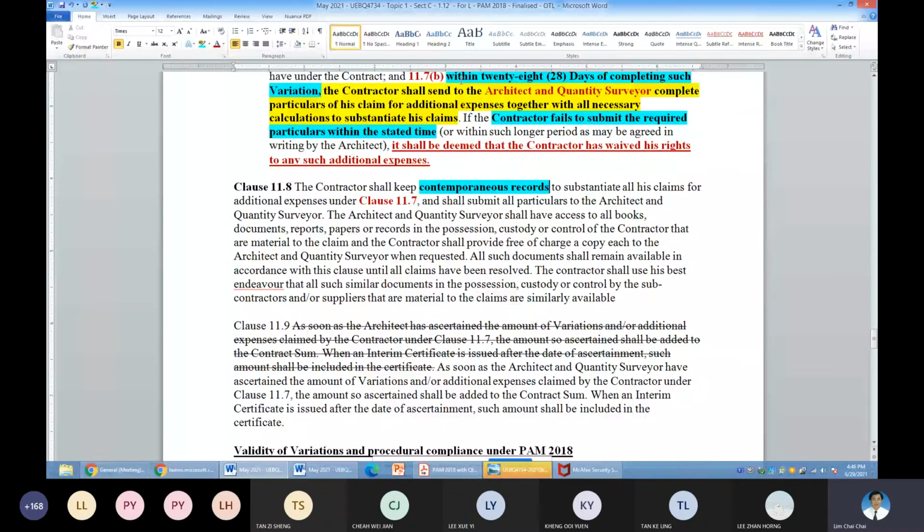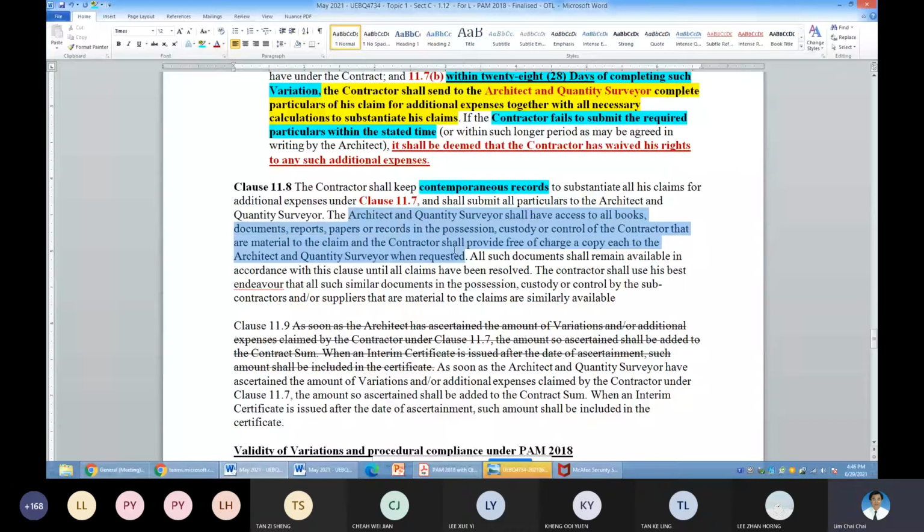Okay, so this is something that is on record keeping, so that you can give it to the architect and the QS for evaluation, checking, and so on. And if they ask for additional copy, you have to give it to the architect and the QS on the contemporaneous record.